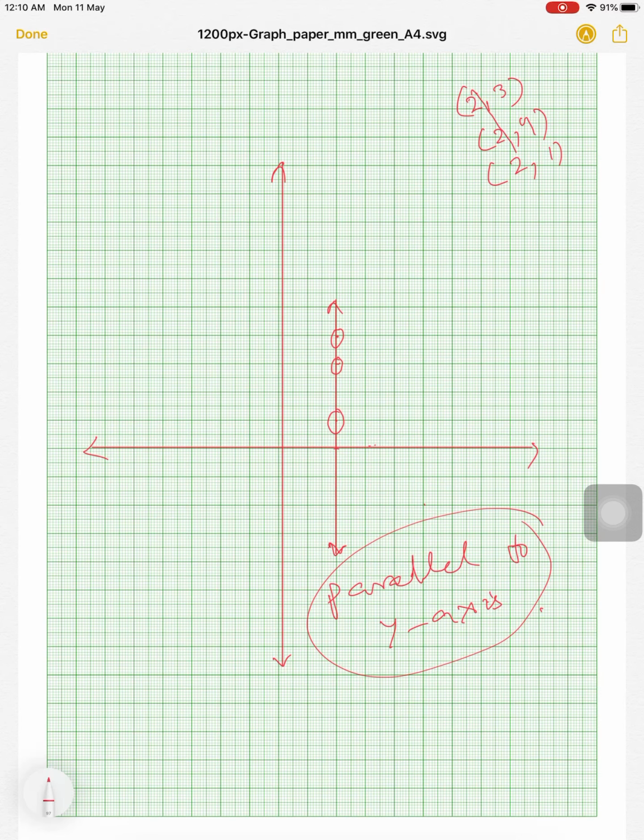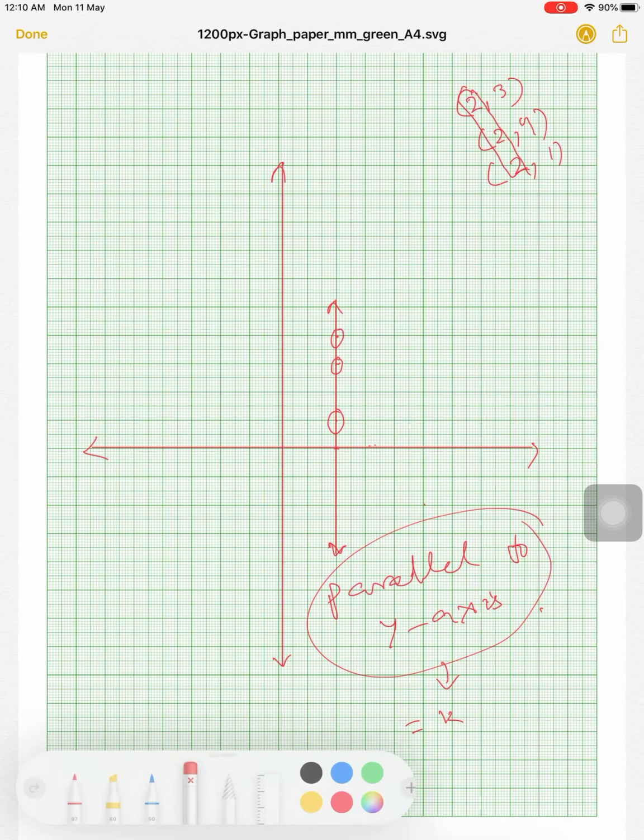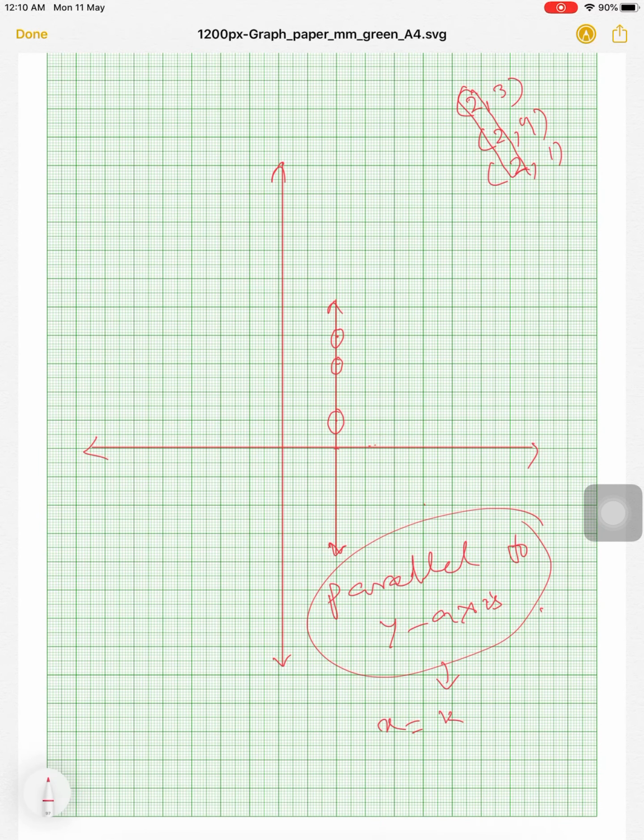Here you see the value of x is fixed. So we can say that any line which is represented as x equal to k will give us a line which is parallel to the y-axis.